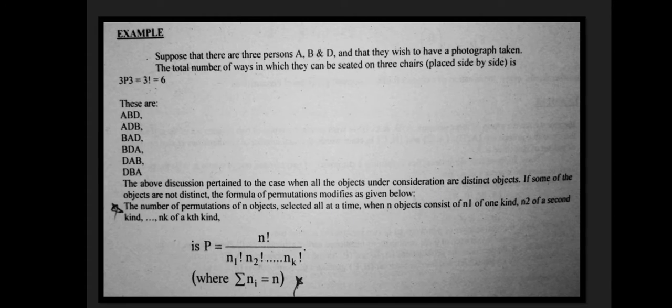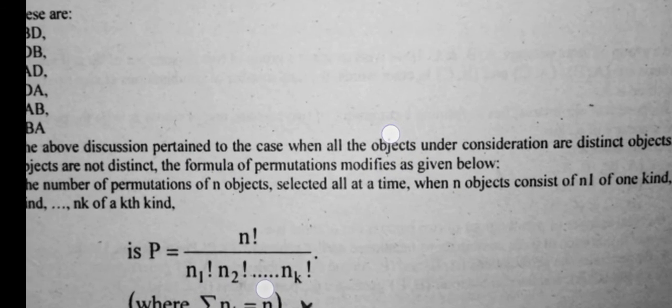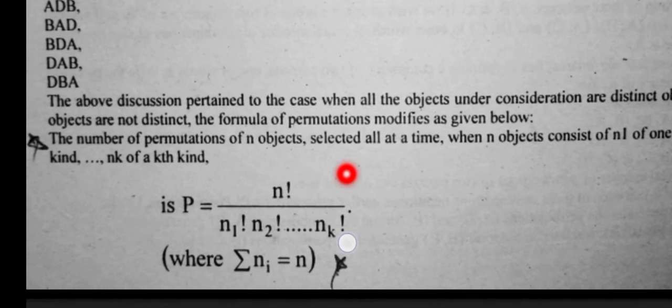But what will we do if the objects are not distinct? In the next example, we will learn that if the objects under study are not distinct, then we will use a modified form of the same formula. P is equal to n factorial divided by n1 factorial, n2 factorial, and so on to nk factorial.